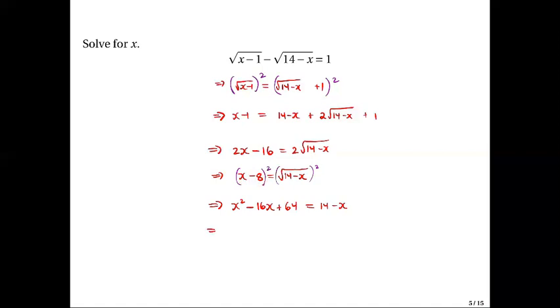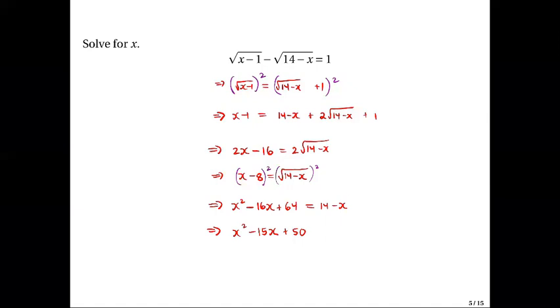And then we are now ready to solve this quadratic equation. If we simplify, writing the expressions on the left-hand side and 0 on the right-hand side, we'll just have x squared minus 15x plus 50 equals 0.